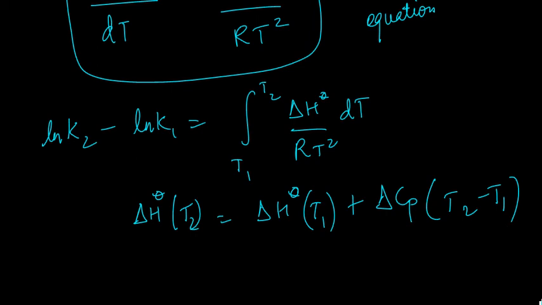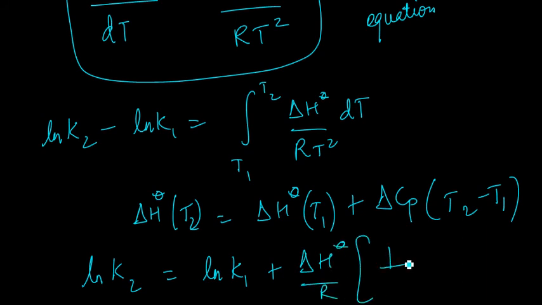And if I assume delta H to be constant, then what I get is log of K2, or K at T2, if you want to call it that way, is equal to log of K1 plus, minus, there will be a minus sign, right?